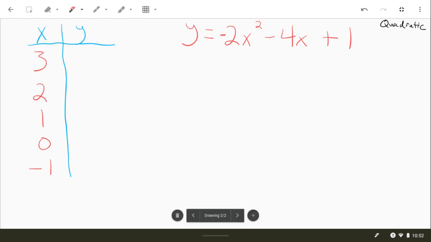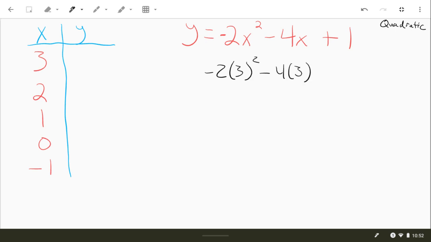All right. So let's start by plugging in 3 for x. All right, so these first few aren't going to be bad. Plugging in 3 for x, we get -2 parentheses 3 squared minus 4 parentheses 3 plus 1. And then we're going to work this out. You could use a calculator if you want to. I'm just going to sound it out. All right, 3 to the second power, exponents first. 3 to the second power is 9. 9 times -2 is -18.